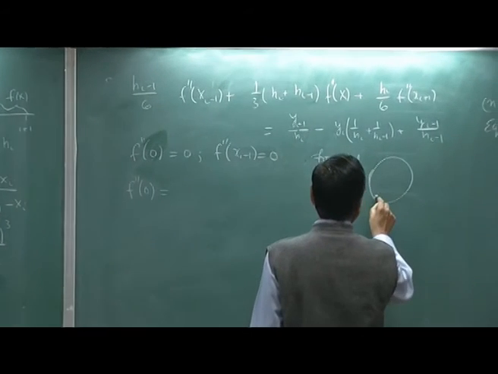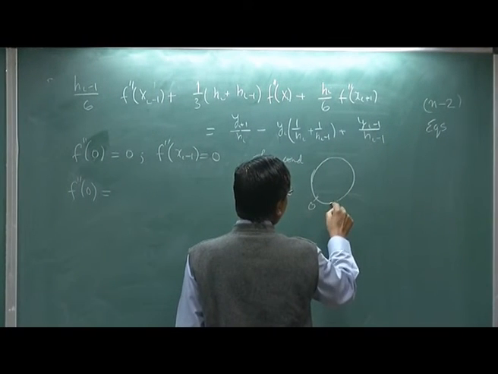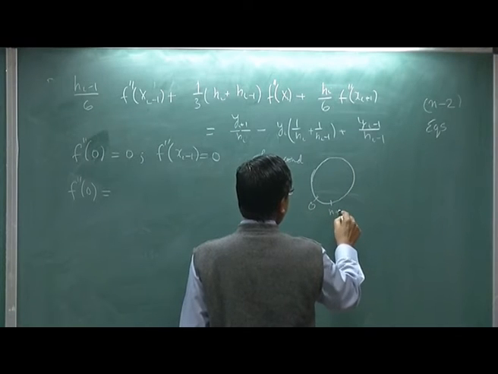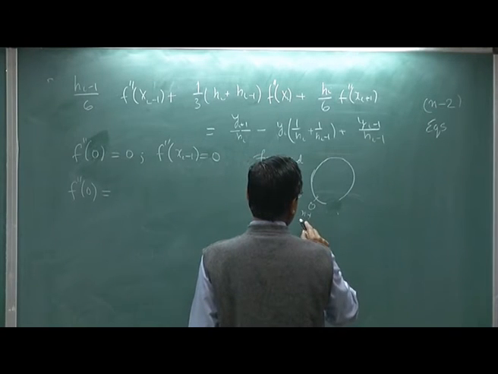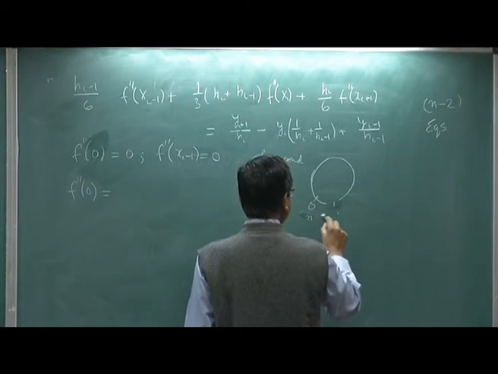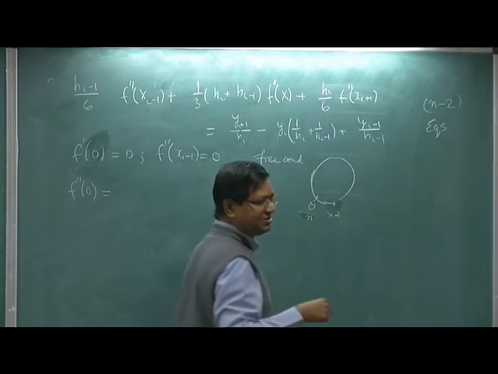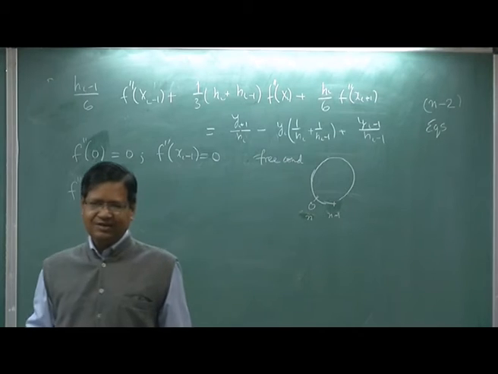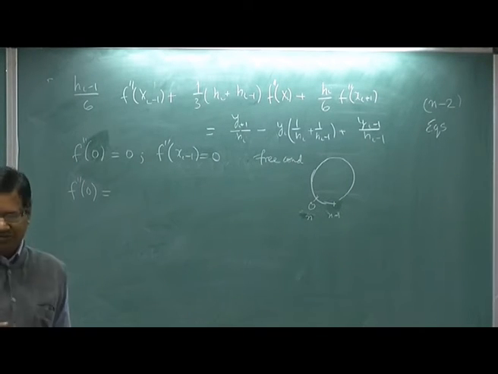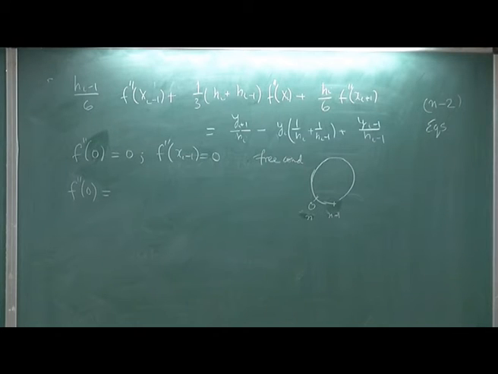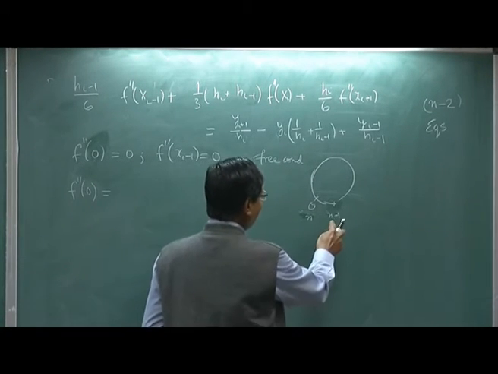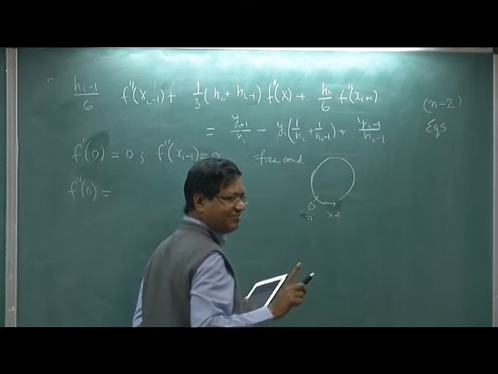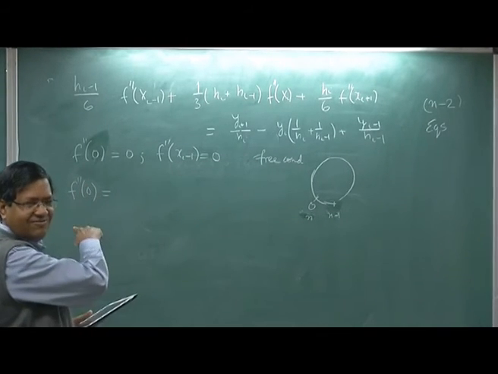So 0 is the same as n minus 1. Actually, not n minus 1, that will be n. This will be n, this is n minus 1. 0 is the same as n. Periodic of the function should imply that n minus 1 should be equal. Okay, so I am not certain that I need n minus 1 here or n here. I am not 100% sure. So I can tell you what it is for the double derivative.